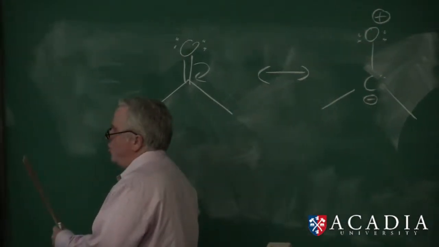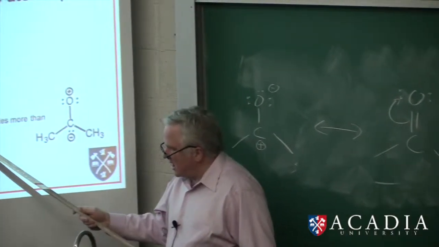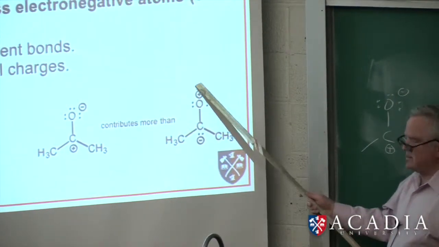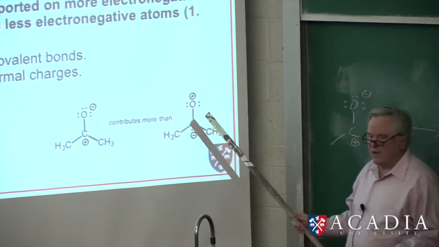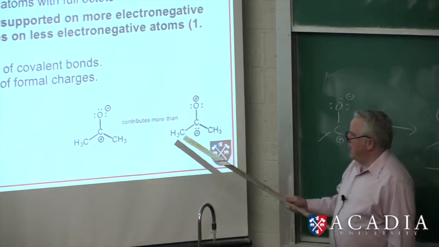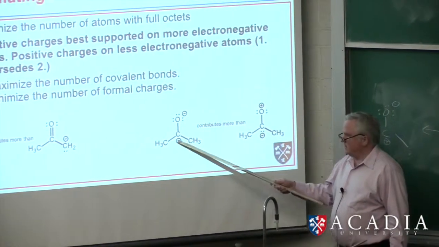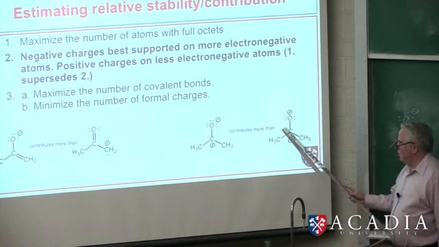So notice in these two structures, in this structure, carbon doesn't have a full octet, and in this structure, oxygen doesn't have a full octet, so we can't use that rule to distinguish between these two resonance structures. But in this structure, we have a negative charge on the more electronegative atom and a positive charge on the more electropositive atom, so we would say that this would contribute more than this.